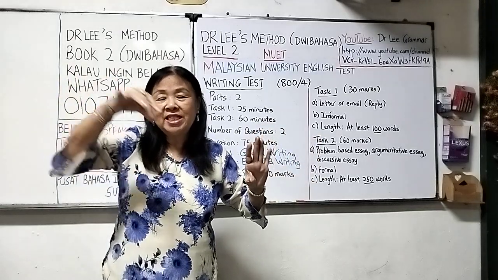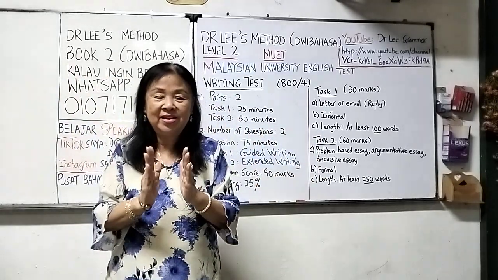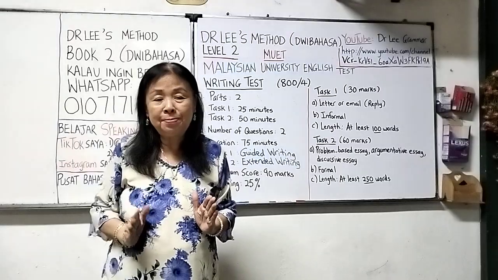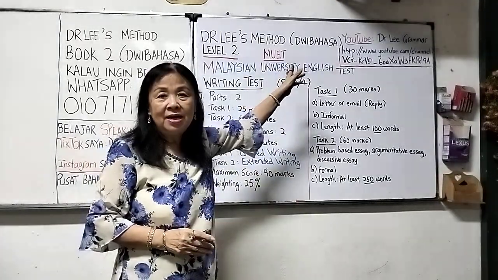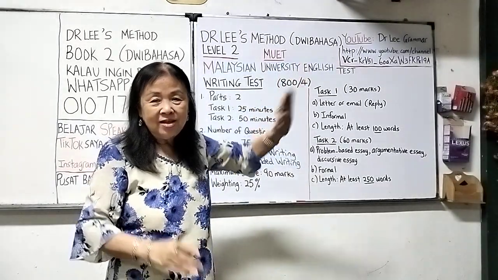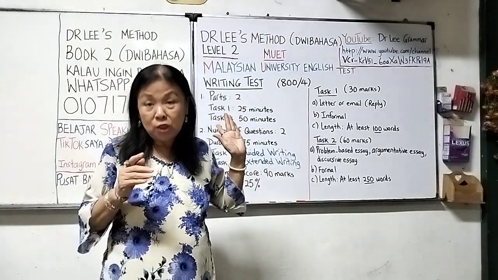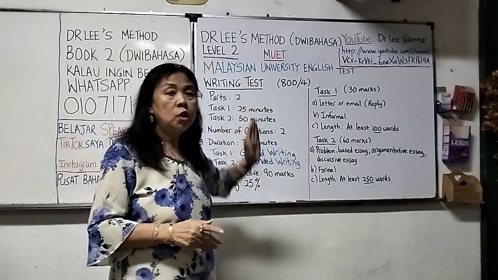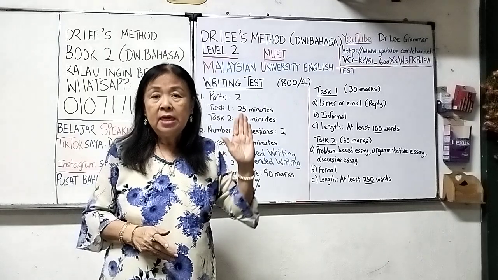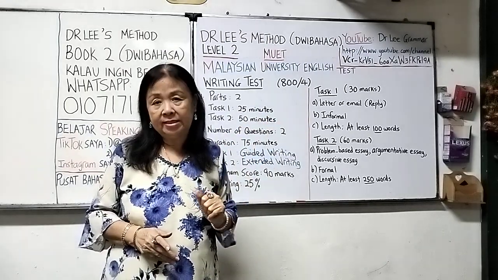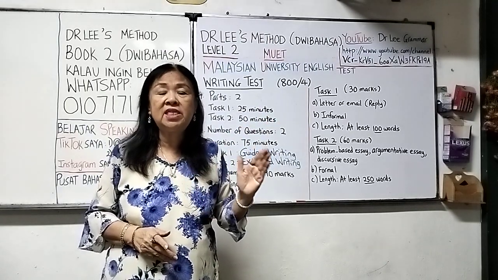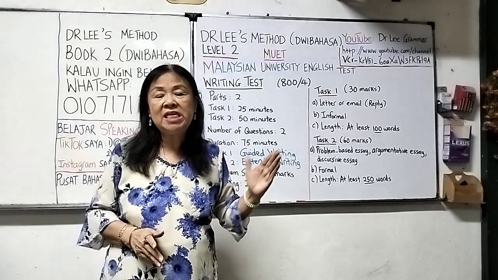Then we take the first letter of every word and put them together. That is called an acronym. So the acronym is MUET. The full name is M for Malaysian, U for University, E for English, T for test. So Malaysian University English Test as MUET.